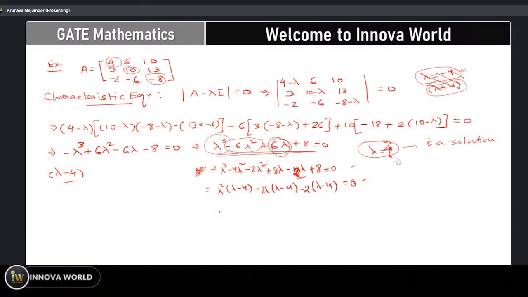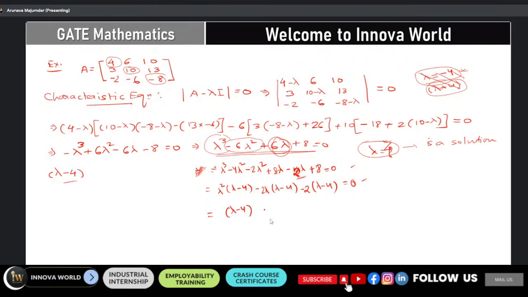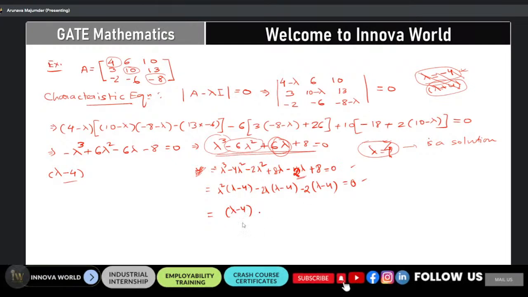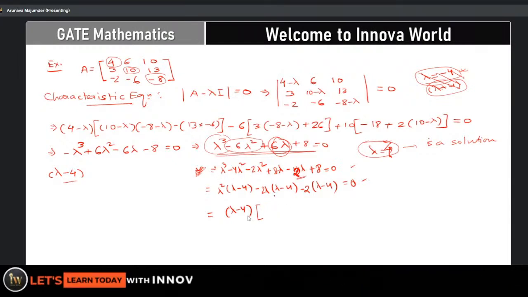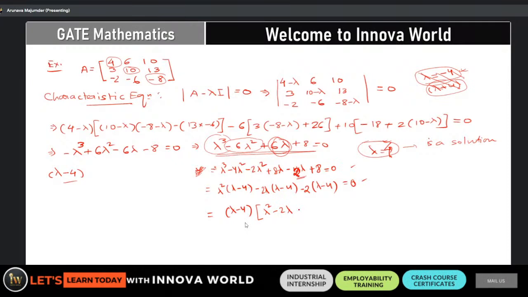Now in the last problem, I am getting lambda minus 4. Lambda minus 4 is common. If I take lambda minus 4 as common, it becomes lambda square minus 2 lambda minus 2.